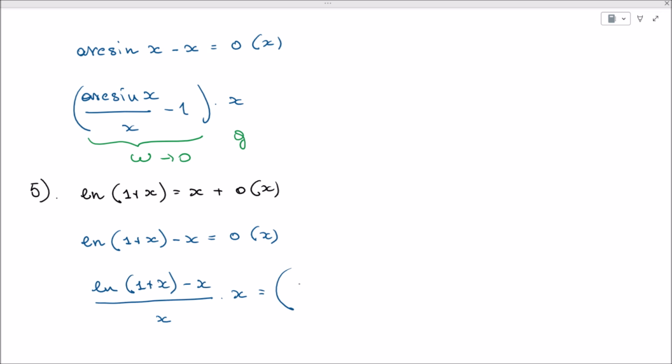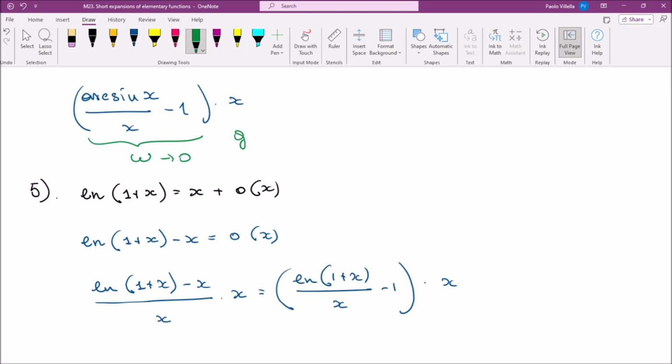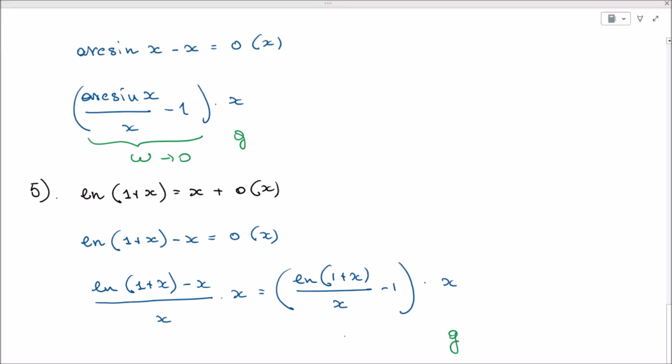This is logarithm of 1 plus x divided by x minus 1 times x. So once again, we recognize our g here and this omega that clearly, because of the fundamental limits, will tend to 0.